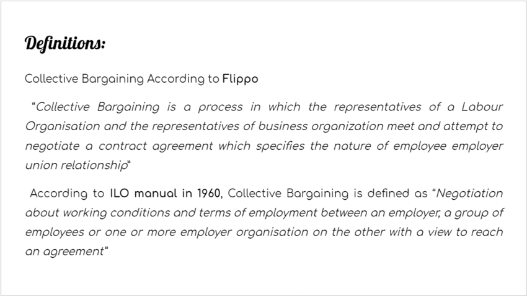So in this definition itself, we can say that both the representatives are there and they are trying to come together and negotiate so that there is a good relationship between the two.